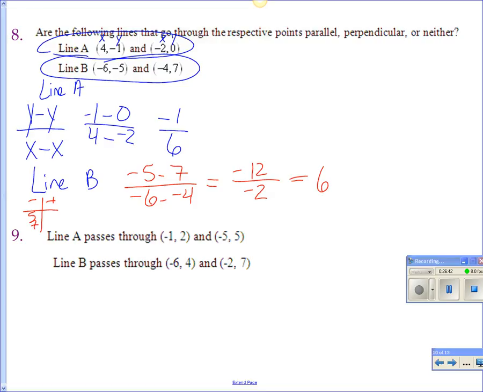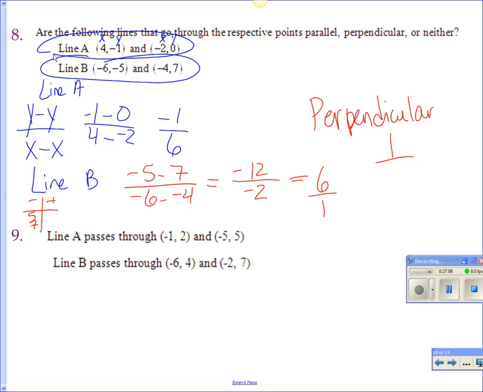Ethan H. It's perpendicular. Look, they flipped it, and a negative became a positive. So it's perpendicular. That's the answer, or you can put the symbol.